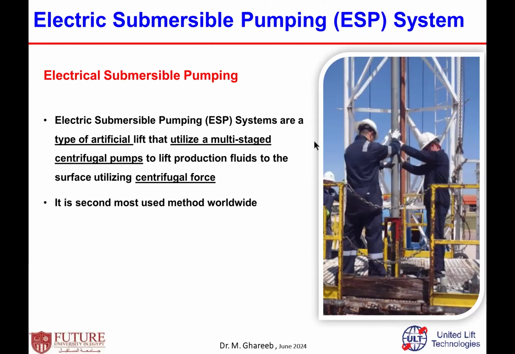Even if the number of wells worldwide is less than rod lift systems, as a volume of fluids produced worldwide, the ESP comes first. It produces the highest volume of oil and water from the wells.